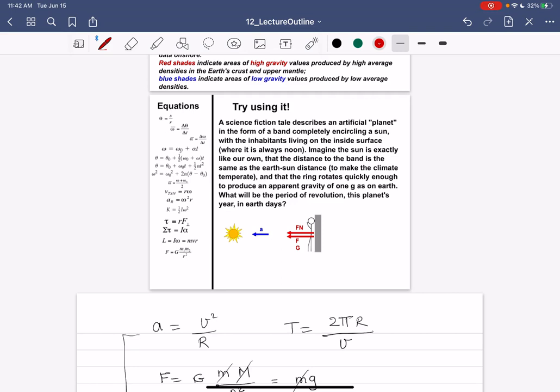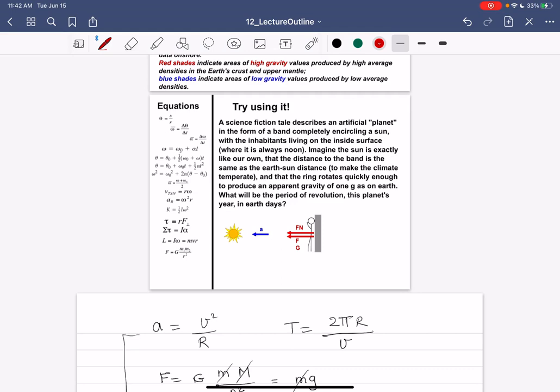All right. Here we have a science fiction tale that describes an artificial planet in the form of a band completely encircling a sun, with the inhabitants living on the inside surface, where it is always noon.